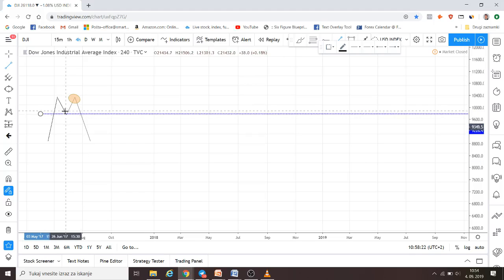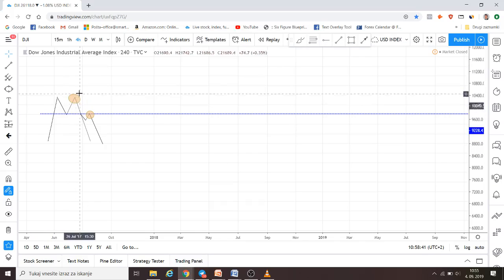What we want to see is that when price breaks below the neckline, this is called the neckline, we want to see a retest of the neckline, and we are looking to sell, to enter a trade here at the retest.